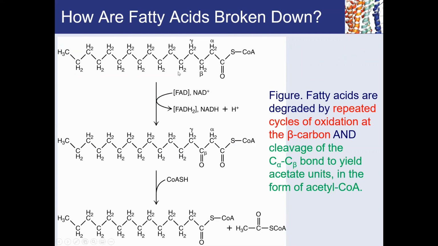So what you do is you use two coenzymes, FAD and NAD+, and using those, you generate this species that is shown here in the middle.